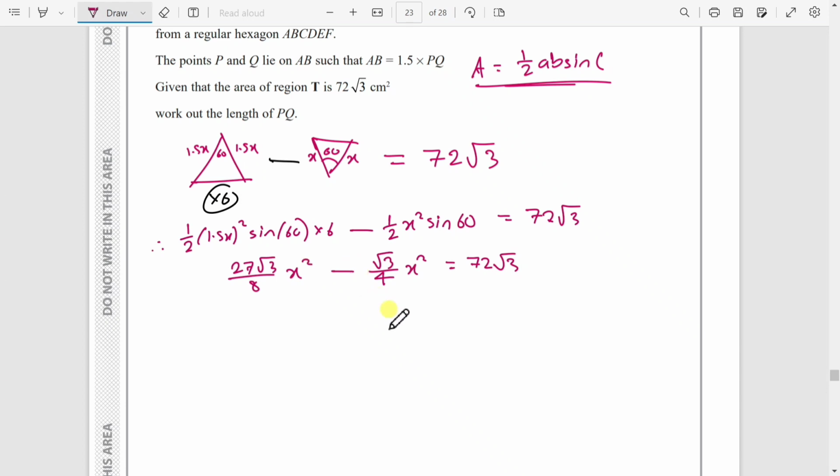Just subtract these two. So you can write 27 root 3 over 8 minus what you just got, root 3 over 4. And you should get a simplified answer: 25 root 3 over 8 x squared equals 72 root 3.